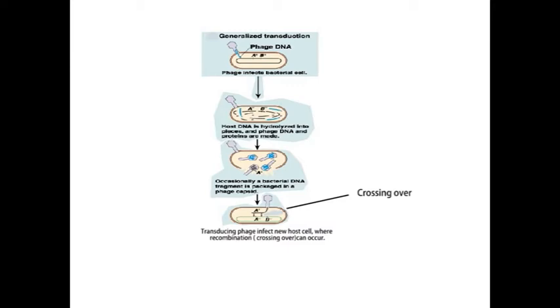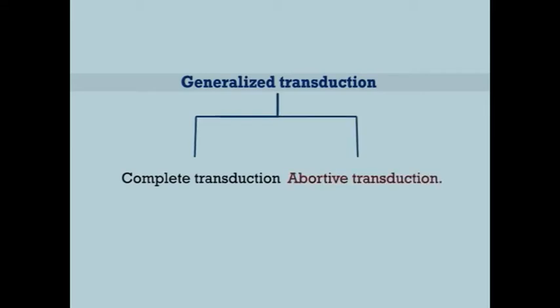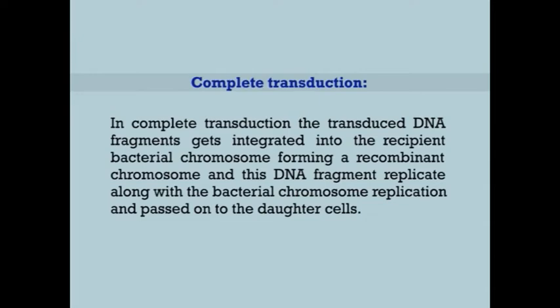The resulting virus particle infects another bacterial cell but does not initiate lysis. Therefore, this phage is known as a generalized transducing particle. Generalized transduction can be either complete or abortive. In complete transduction, the transduced DNA fragment gets integrated into the recipient bacterial chromosome, forming a recombinant chromosome.